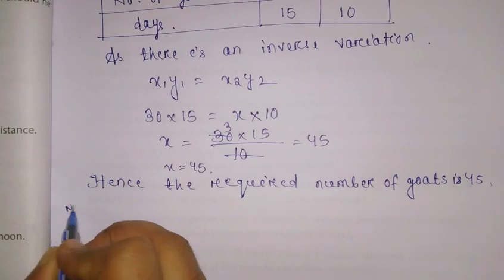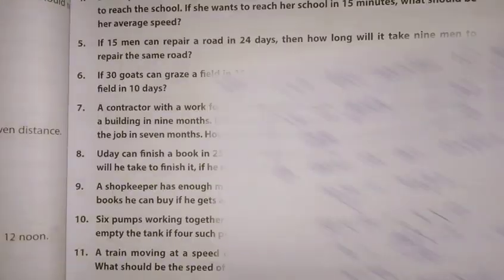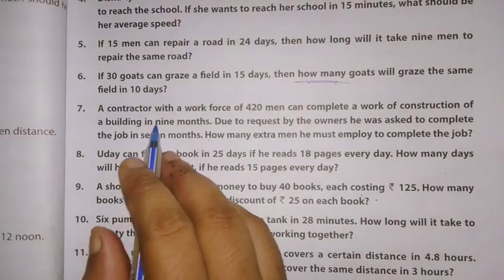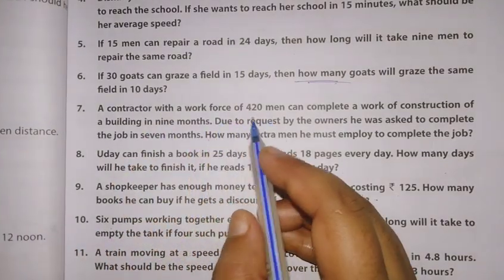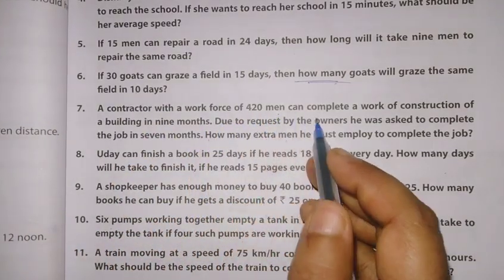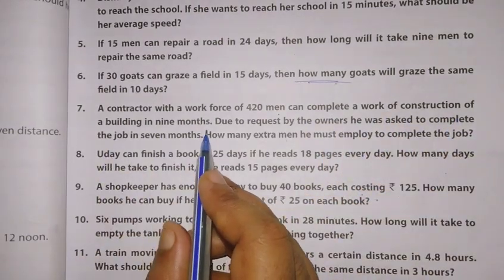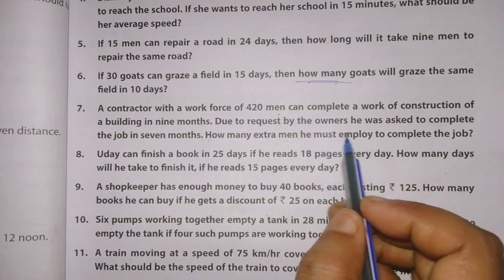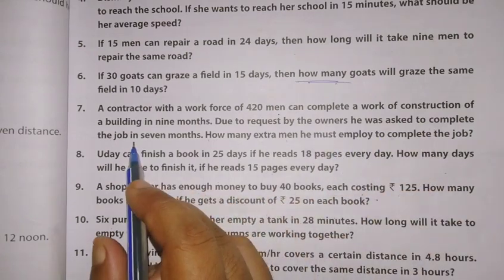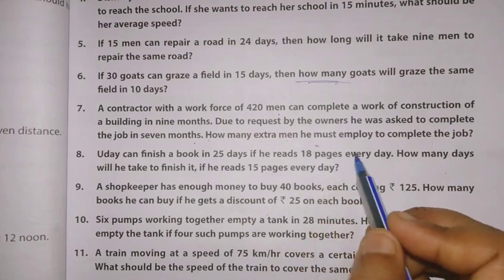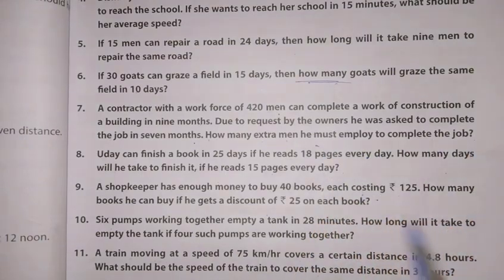Now we solve question number 7. A contractor with a workforce of 420 men can complete a construction of a building in 9 months. Due to a request by the owners, he was asked to complete the job in 7 months. How many extra men must he employ to complete the job?